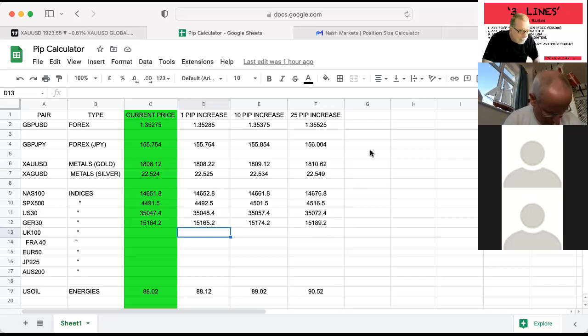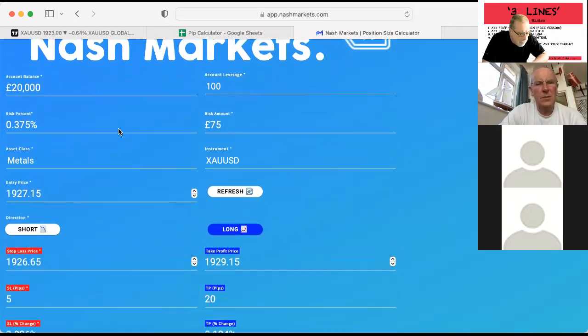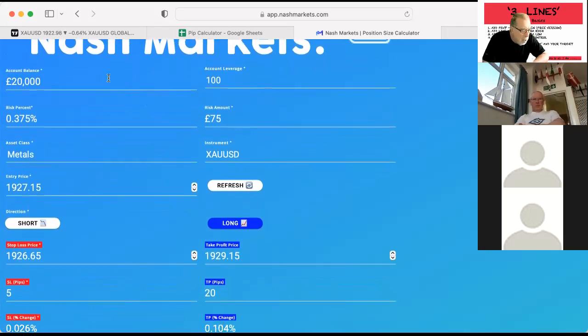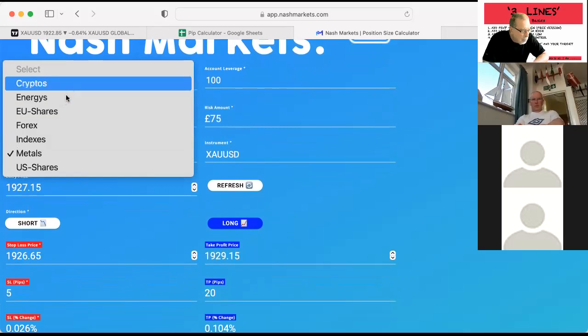I'm also going to add something about lot sizes, which I get from this. Can you now see the Nash markets? I showed this last week, but I haven't quite finished the chart yet. Basically, this is an alternative to the MyFX book lot size calculator, and this one works on all of the indices, metals, energies, and cryptos.